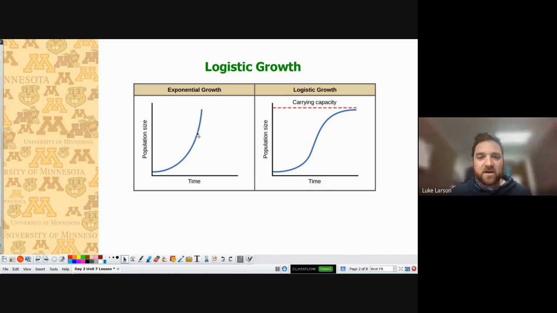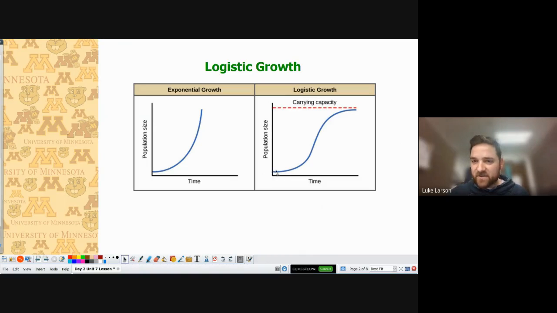With bacteria, eventually they run out of space or food, so it starts to level off. And with Bitcoin, it starts to level off, which means a couple of things. One, Mr. Larson isn't retiring anytime soon. And maybe just as important, we need a new function, which brings us to the logistic function.